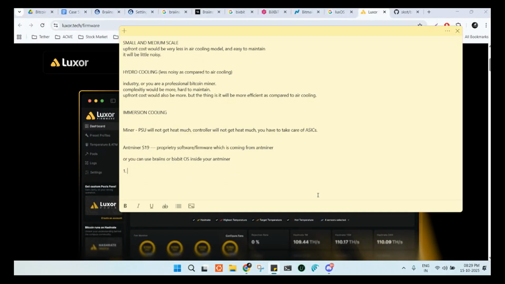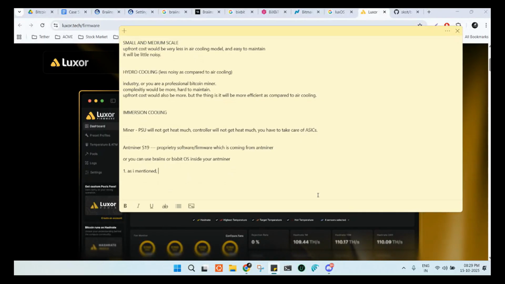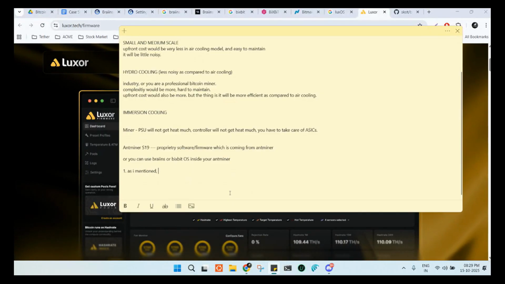Now you may ask, what is the advantage? First advantage, as I mentioned, Antminer should not be able to communicate with your miners. So that is one way. Maybe there is some abstraction because now there is third party software you are using.